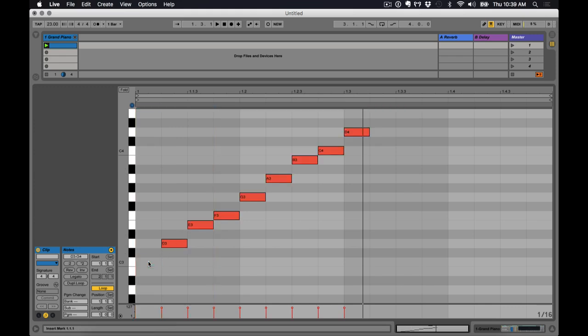So let's look at our diatonic chord progressions. So let's go root, third, fifth on all of these.